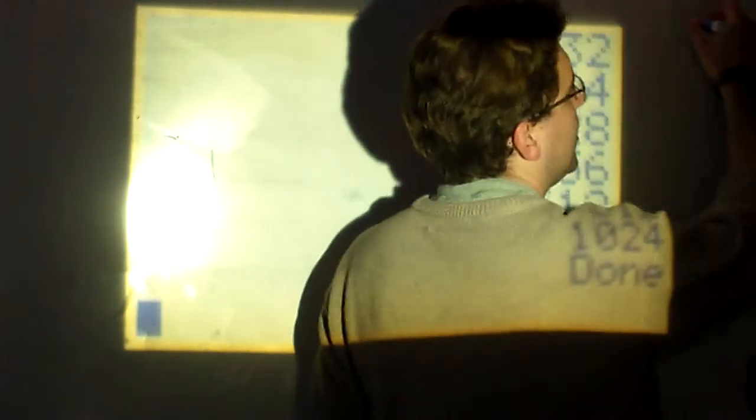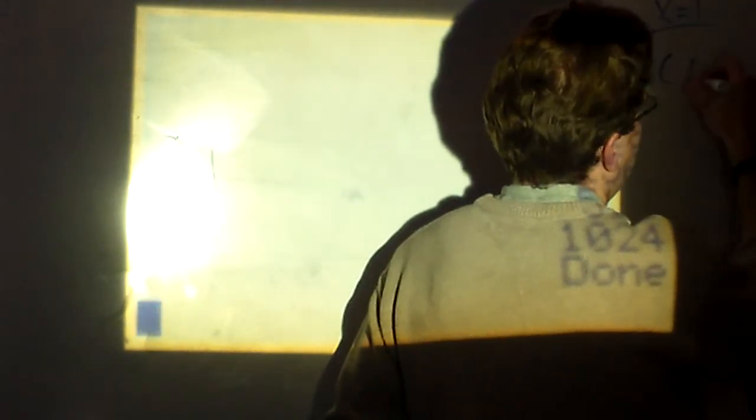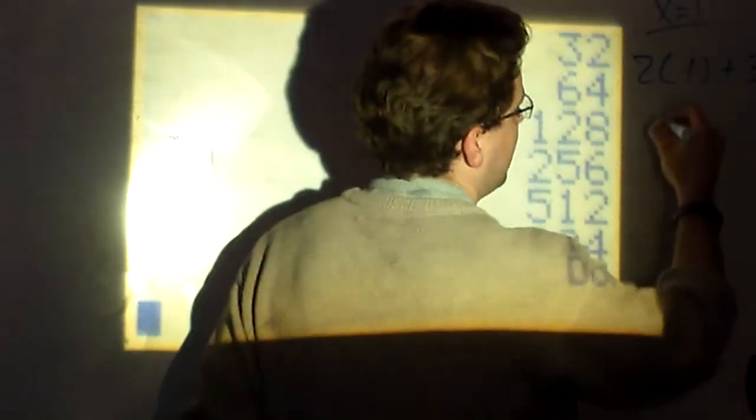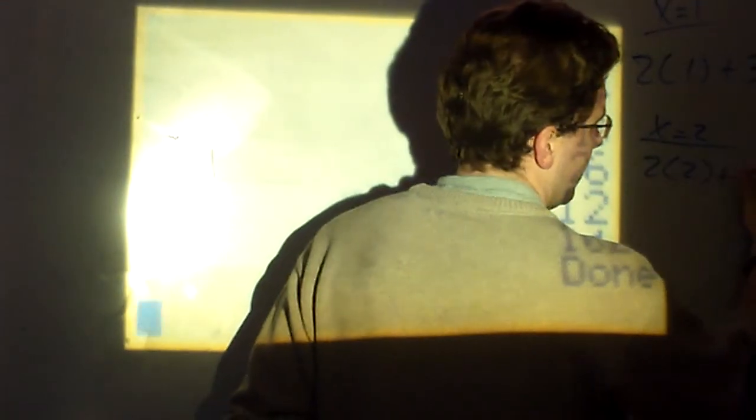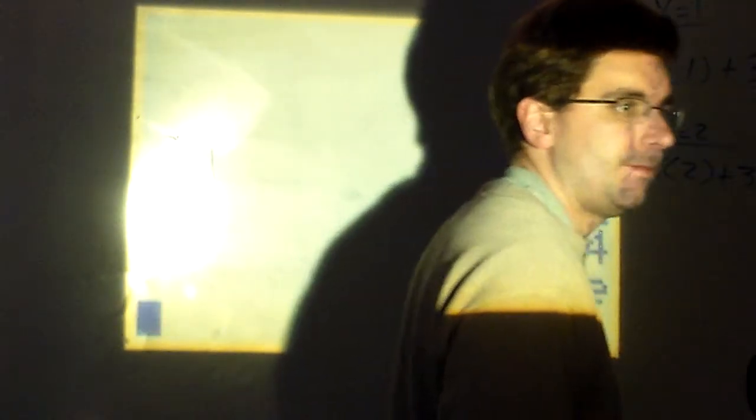The first time through, x equals 1. When x equals 1, we get 2 times 1 plus 3. What does that equal? 5. The program gets to the end, comes back up, and says, okay, now I'm going to let x equal 2. 2 times 2 plus 3, what's that equal?